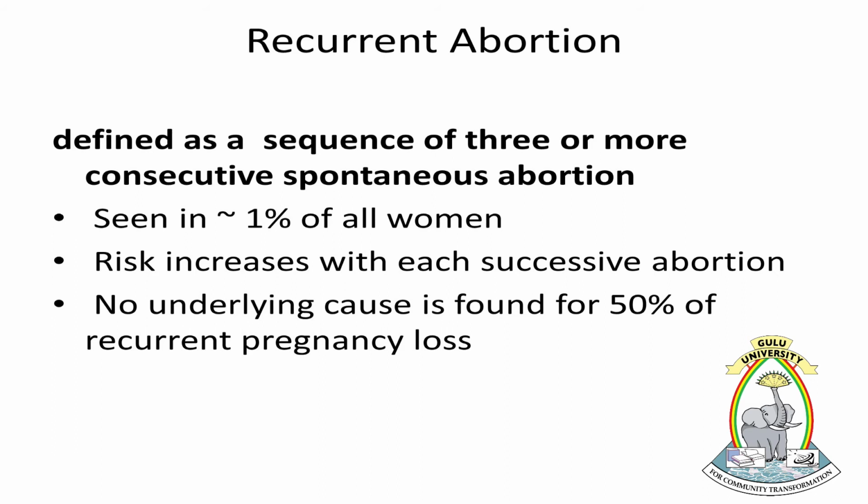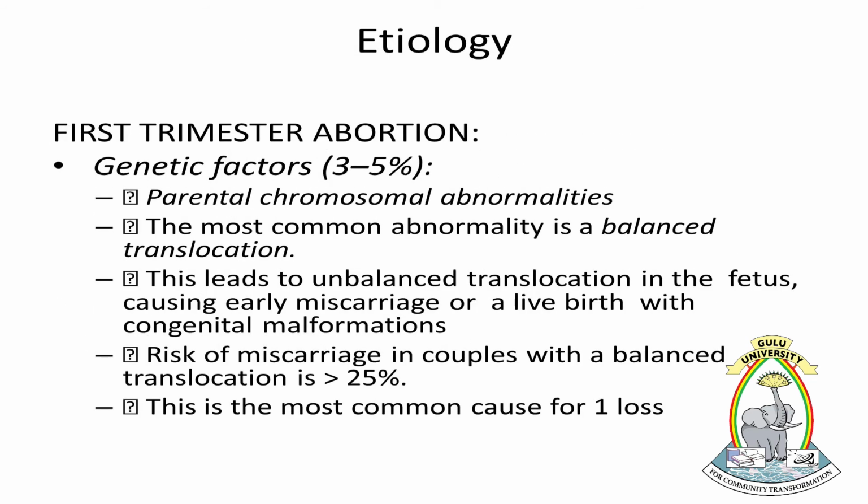The risk increases with each successive abortion. So the more abortions you have, the more likely you're going to have a recurrent pregnancy loss. In some cases, up to 50% of these mothers present with no demonstrable cause.